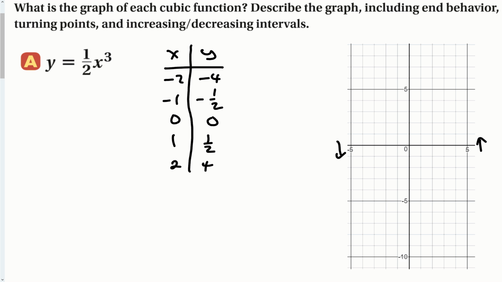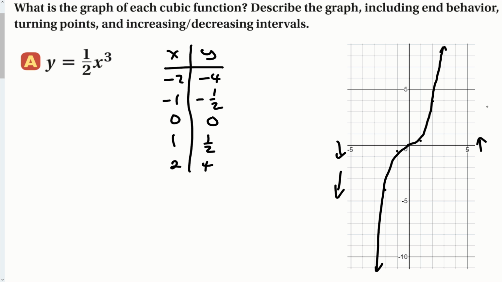Okay, so let's plug in my numbers. -2, -4, -1, -1/2, 0, 1/2, 2, 4, and I have a graph that looks like that. Hey, look at that.